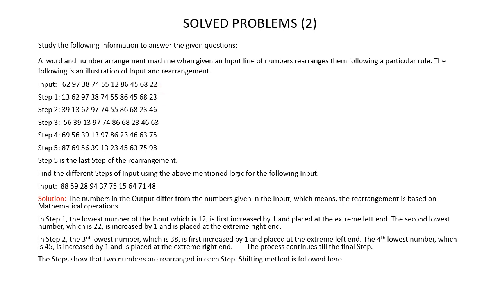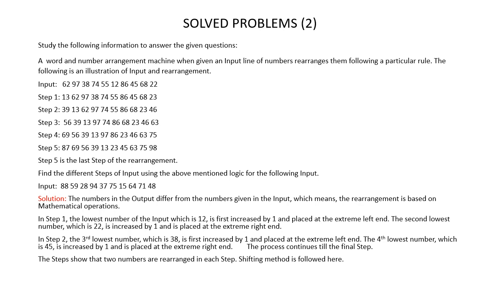So clearly in step 1, two numbers are being rearranged, one at the left end and the other at the right end. Now moving on to step 2, you will see that at the left end 13 has been shifted to the second position, and also you can see that 23 has been shifted to the second position at the right end.